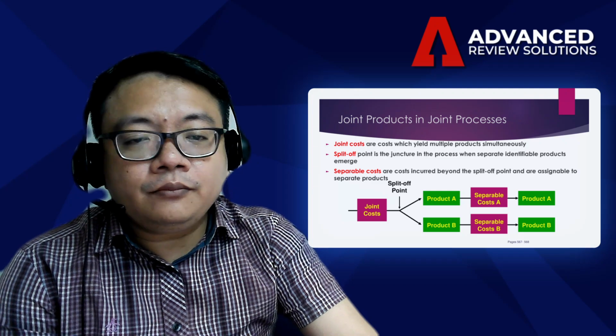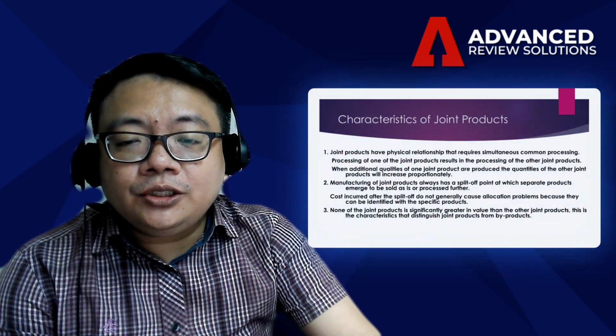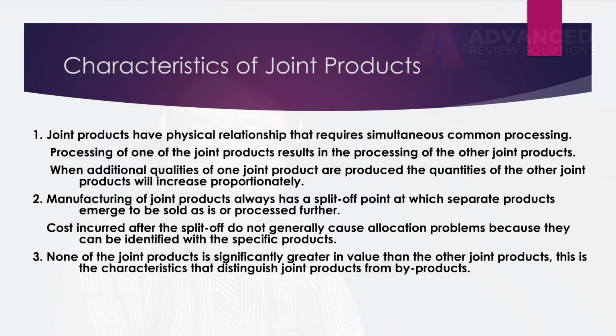Anyway, to distinguish joint products, what are the characteristics of joint products? Number one, as discussed earlier, it requires simultaneous common processing. And number two, a physical relationship, so processing of one of the joint products results in the processing of the other joint products.